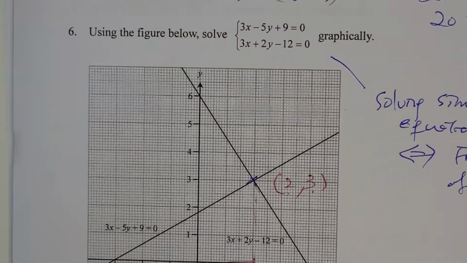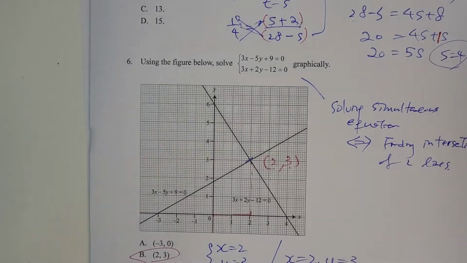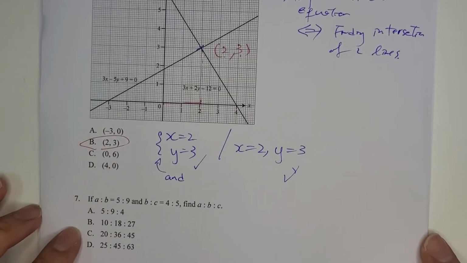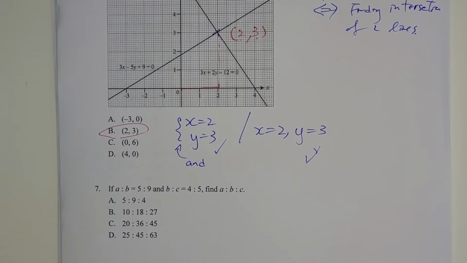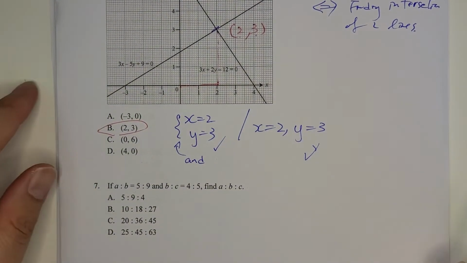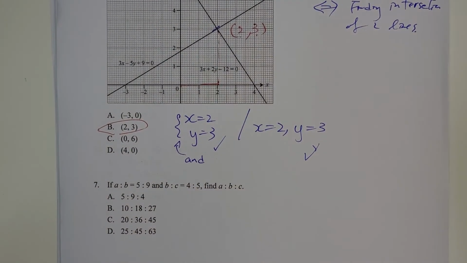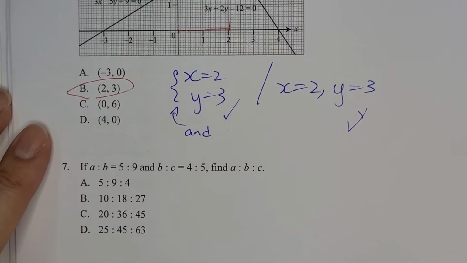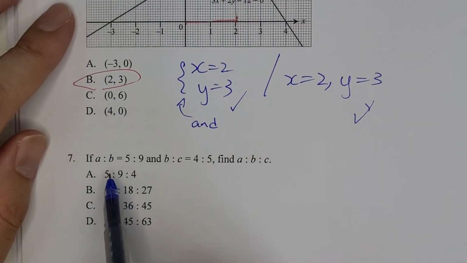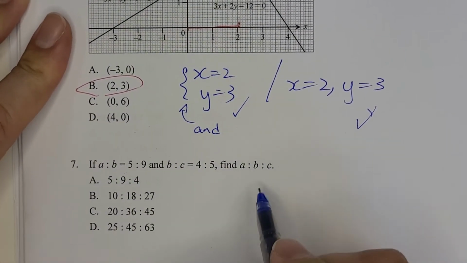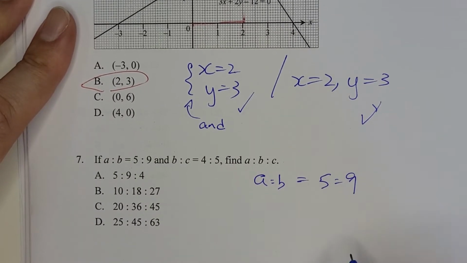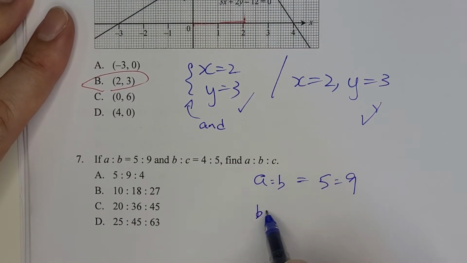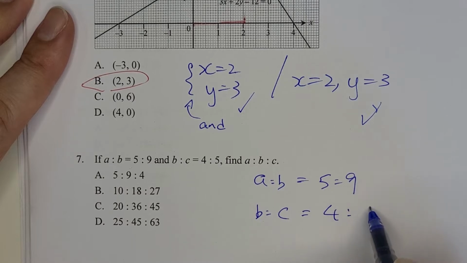And let me decrease the size in a suitable scale, and go to question number 7. That's the question about ratio. A to B is 5 to 9, and B to C, that is 4 to 5.